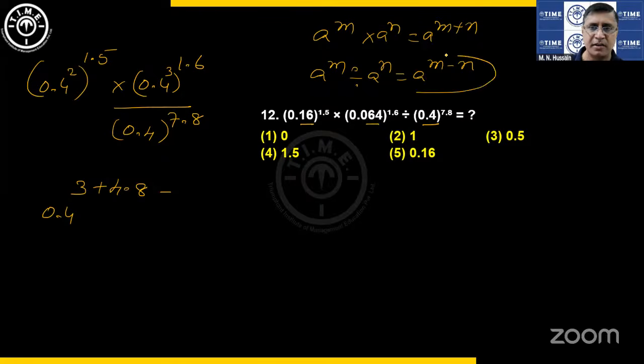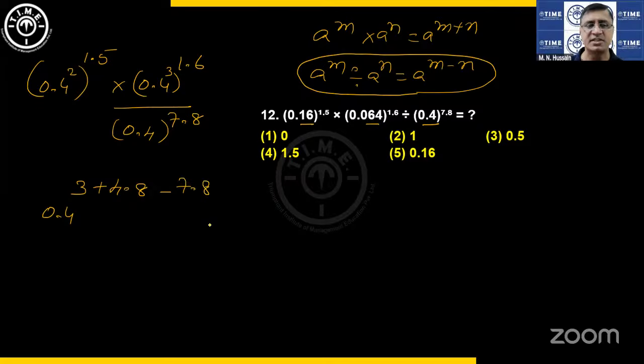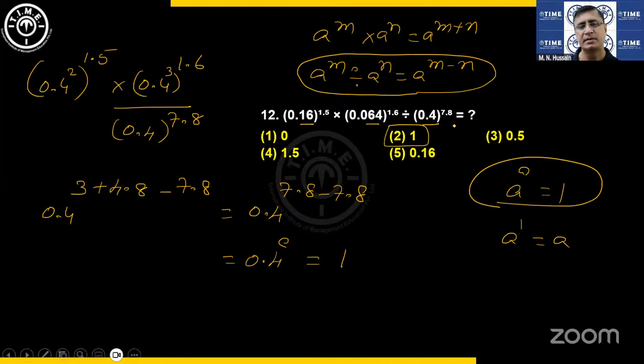Minus, why am I writing minus? A power m divided by a power n gives minus 7.8. By adding all these, 0.4 power 7.8 minus 7.8. A power 0 is equal to 1. A power 1 is equal to a. Here 0.4 power 0 is equal to 1. Right choice 2. The second option is the answer for this question.